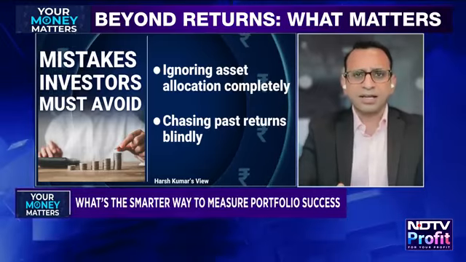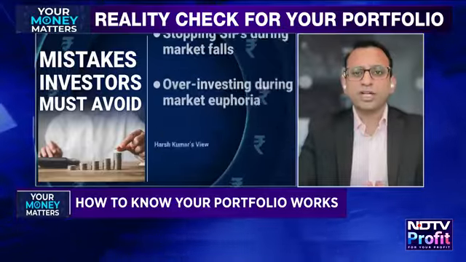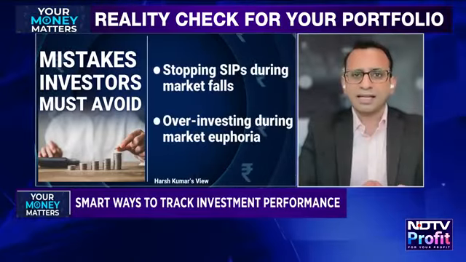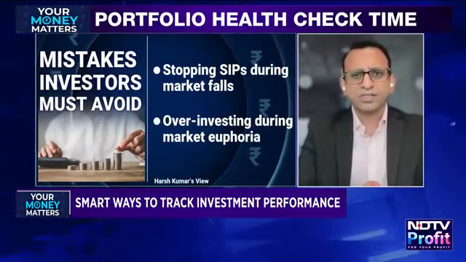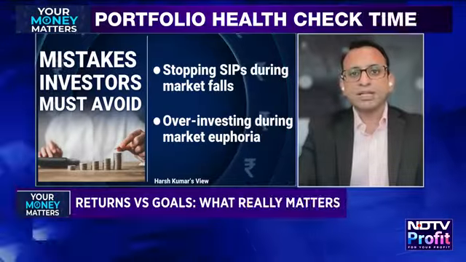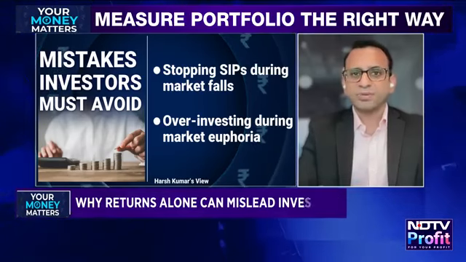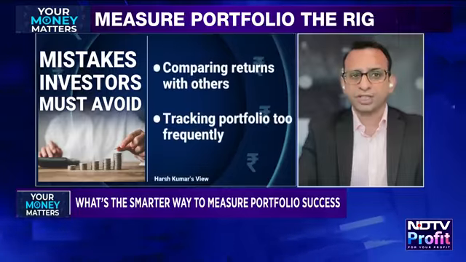They just chase what has been done in the last 1 year and they start investing in that. That should be avoided. One should have a very, very clear asset allocation framework because there have been numerous studies, some by even Nobel laureates, which say that asset allocation is the major generator of return over a 20-25 years period, and not the selection of stocks or selection of funds.